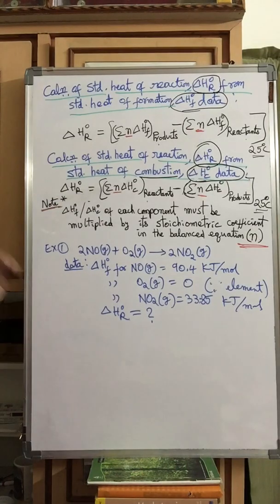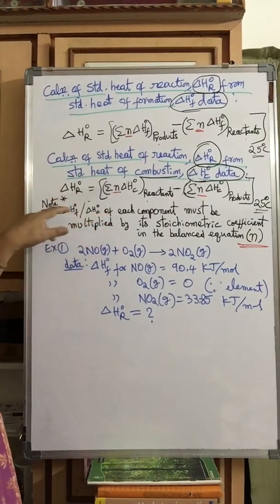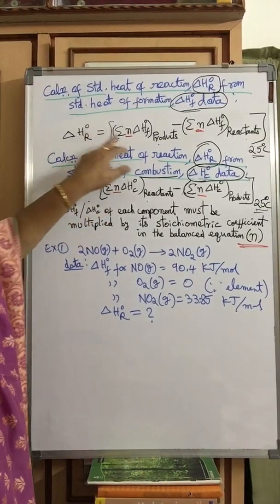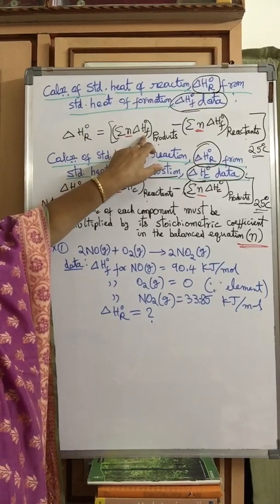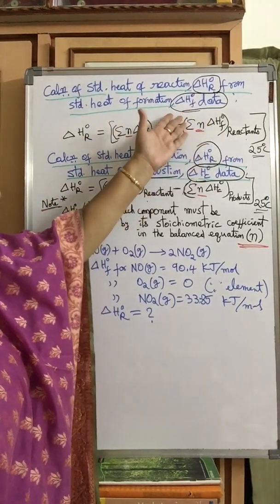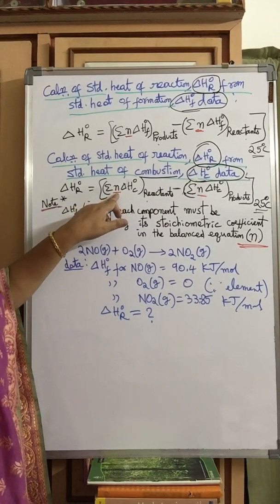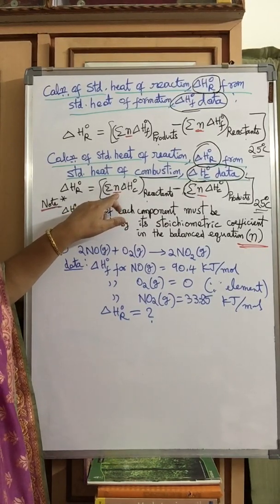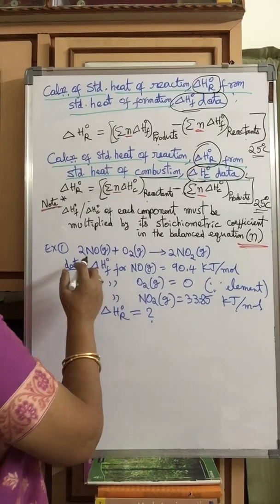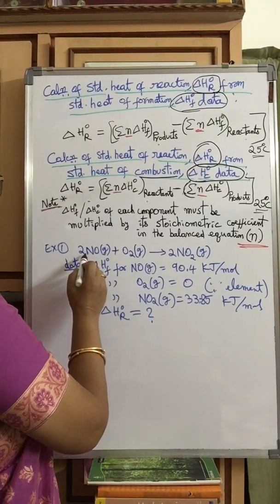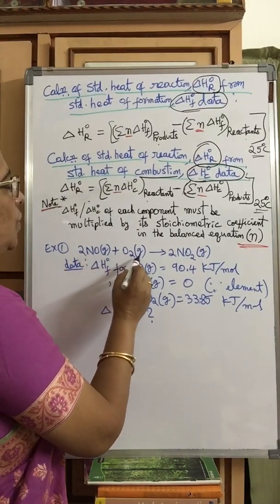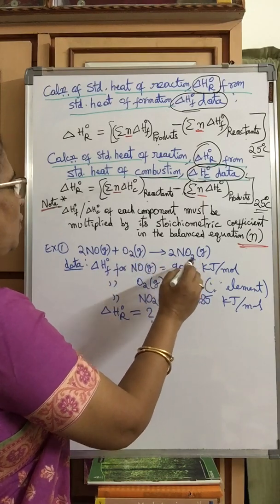An important note: whenever you are multiplying delta HF, either for products or reactants, you should not forget to multiply with its stoichiometric coefficient n. Now take this example: 2NO plus O2 gives 2NO2.